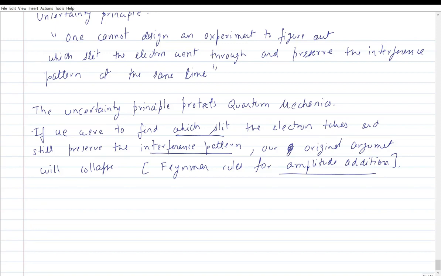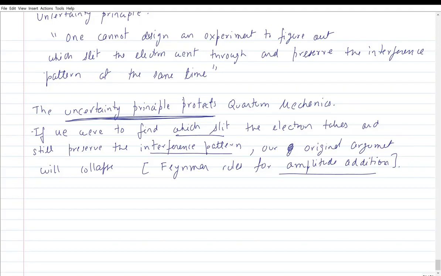So in some sense, the uncertainty principle is protecting quantum mechanics. It says that the moment you make the paths distinguishable, you know the electron is passing through one of the slits, then you have to add probabilities. You cannot get away by adding the probability amplitudes.